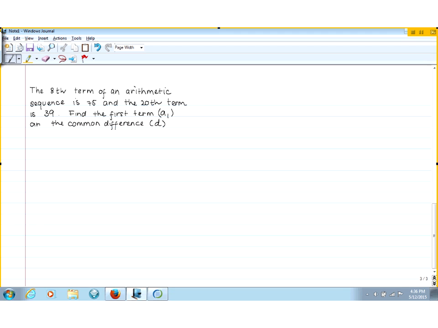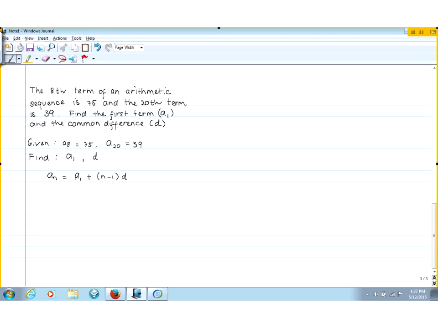Okay, so basically it's given that A8 is equal to 75 and A20 is 39, and we need to find A1 and D. So we could just use the formulas and then get two equations. So what is the formula?